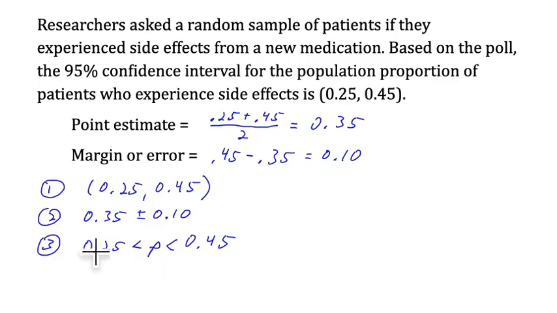And finally, we could use the same format but with percents. So we could say the true proportion is somewhere in between 25% and 45%. All right, so all different ways to write our confidence interval for the true proportion P.